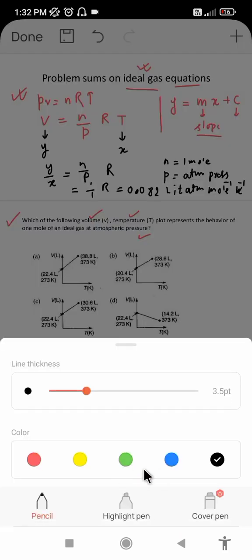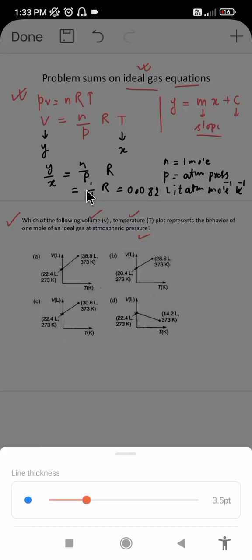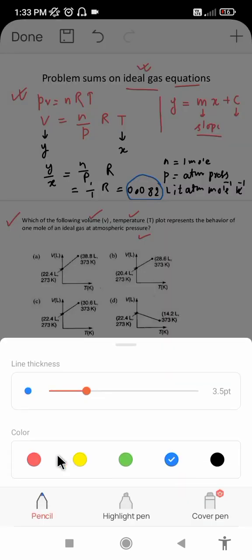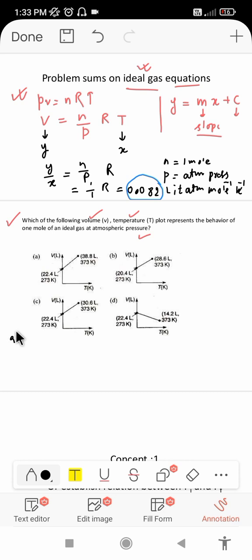So we will try to find out this particular value from the given condition. So for A, y by x, we'll try to measure the slope.